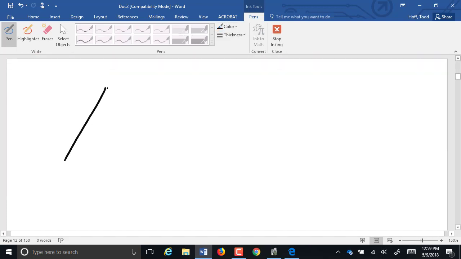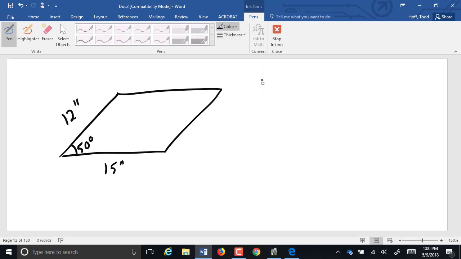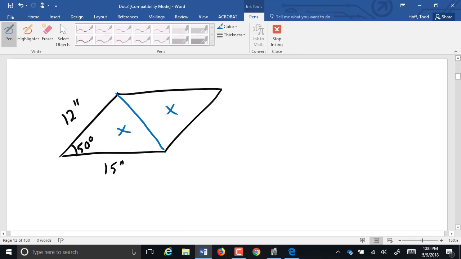How about this? Parallelogram. I'll tell you this side here is 12 inches, this side is 15 inches, and this angle is 50 degrees. Well, I could cut it across here and have a triangle, couldn't I? What do I know about this triangle and that triangle? They're the same.